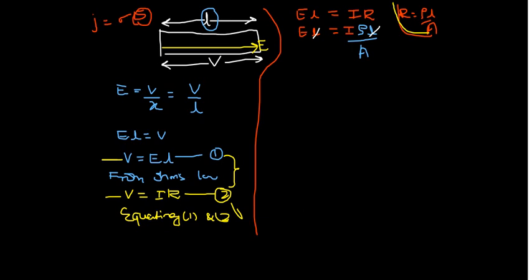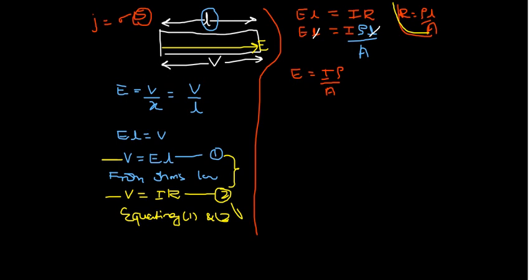As a result, we now have only E is equal to I into rho divided by A.